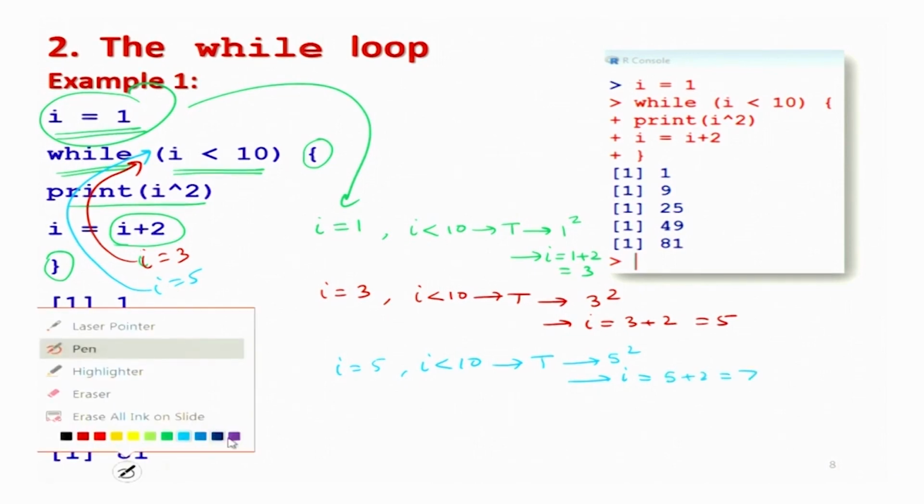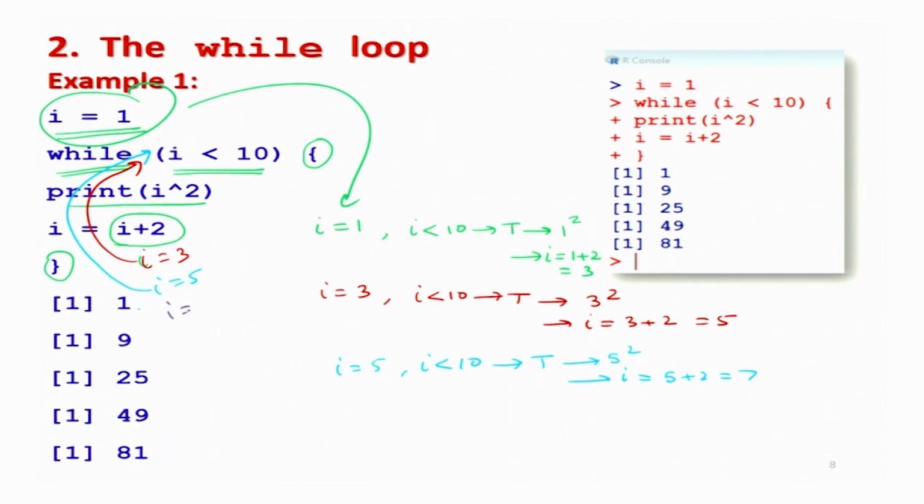Now, you are at a position where I is equal to 7. Once again this is brought to the while loop, and it checks whether this value of I equal to 7 is smaller than 10. The answer comes out to be true, and you print 7 square, and I becomes 7 plus 2 equal to 9.